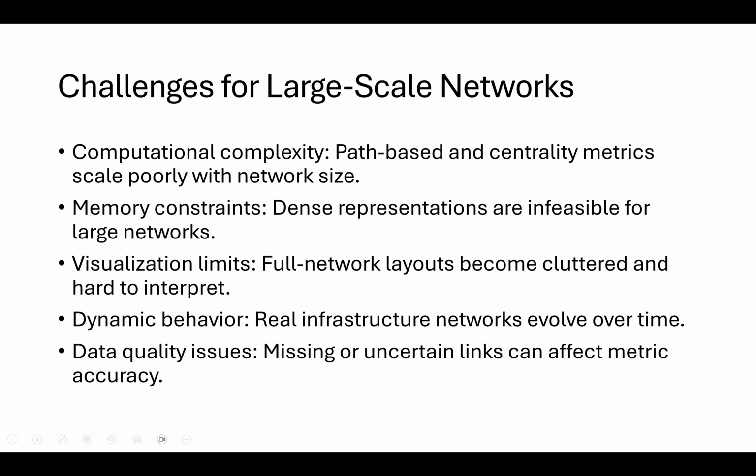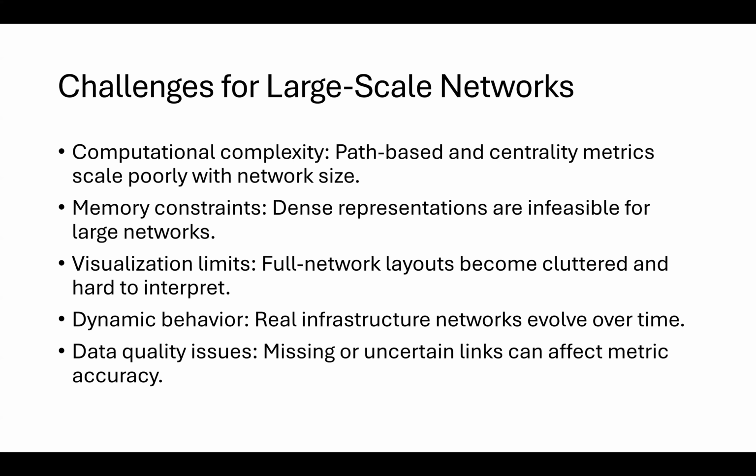This network is moderate in size, but normally large-scale networks introduce additional challenges. First, computational complexity becomes a major issue. Calculating metrics that involve things like getting the inverse of a matrix is really computationally expensive.